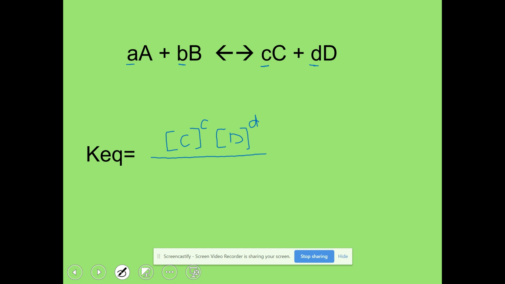On the bottom, we have our reactants: the concentration of A raised to the power of its coefficient times the concentration of B raised to the power of its coefficient. And what they found, and this is known as the law, and remember, anytime something's a law, that means that there is proof, there's data to back it up. The law of chemical equilibria says that the ratio of the products to the reactants raised to the power of their own coefficients is going to reach a steady number, which is called the equilibrium constant.